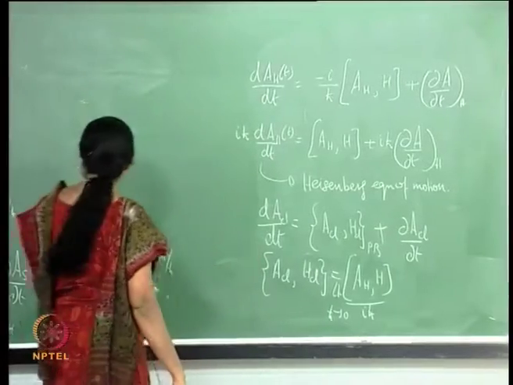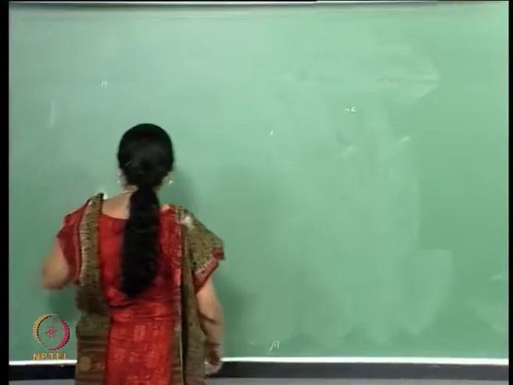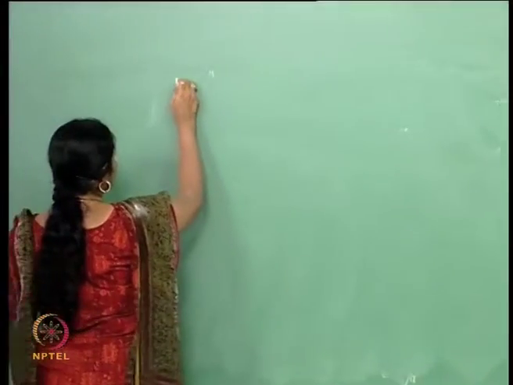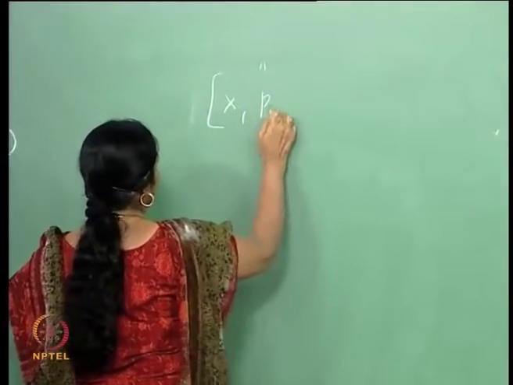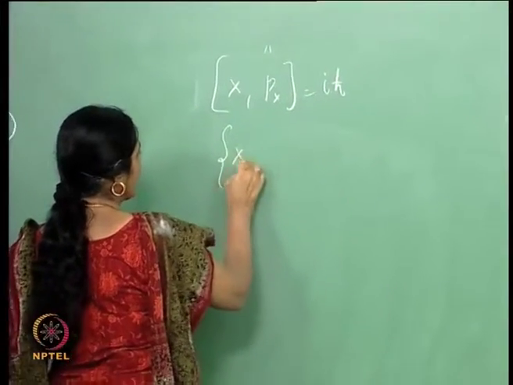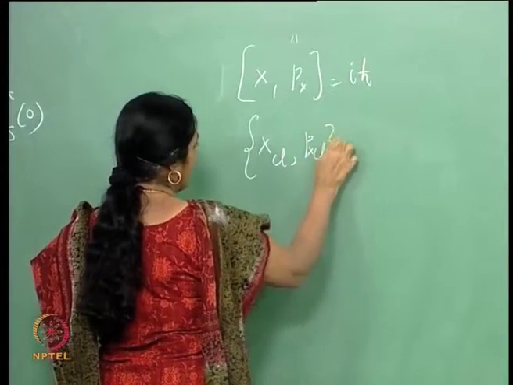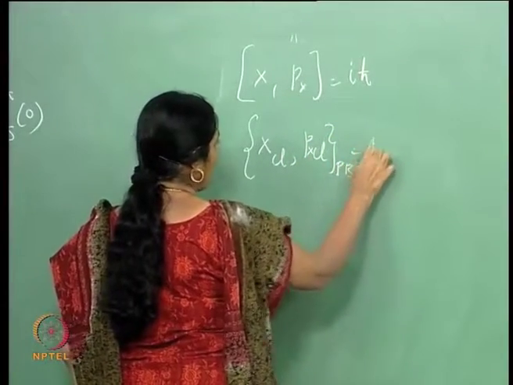Take a simple example. Take for instance the commutator bracket between x and px by i h cross, and what is the classical Poisson bracket of x classical with px classical? That is 1.